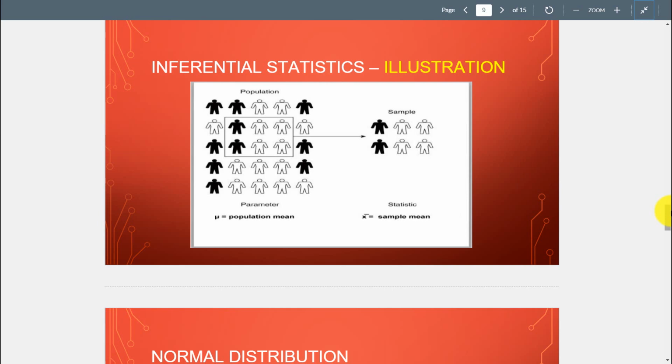Inferential statistics are largely based on the notion that we're taking a sample from a population and making inferences, hence the term inferential, about the population based on the sample, because there's no way that anyone has the resources to interview every single member of a population. That's the magic, or the value, of inferential statistics.